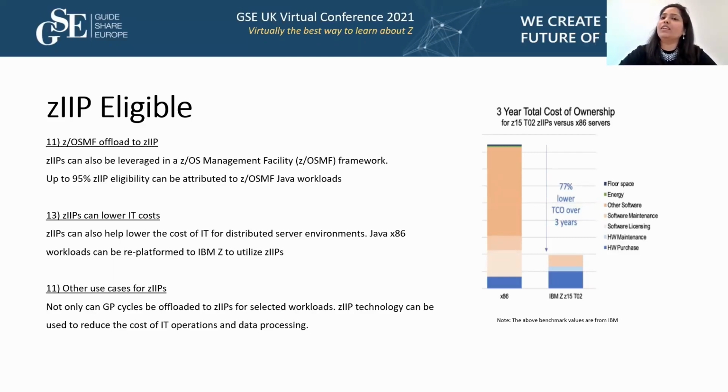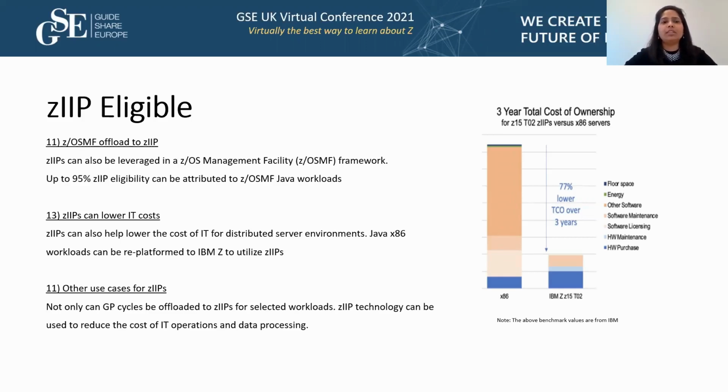You can see the sample picture from an IBM paper showing an x86 workload re-platformed to IBM Z. What will happen? The 3 years of total cost of ownership for IBM Z T02 with zIIP versus the x86 server is 77% lower over the 3 years.